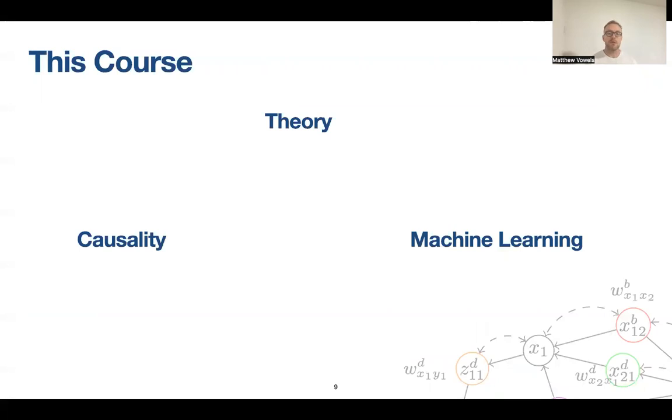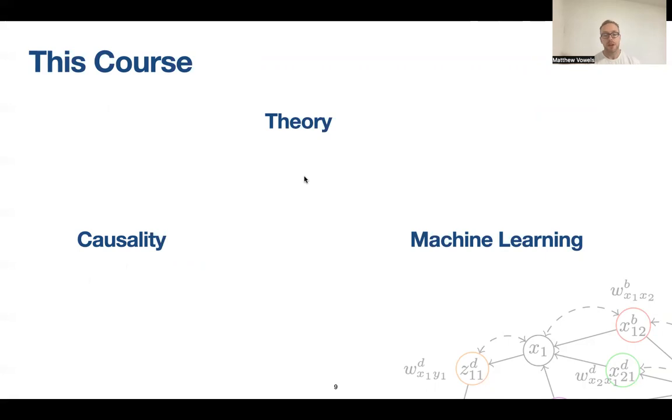So in this course, I'm really bringing together three things. One is causality, the other is theory, and the other thing is machine learning. And in my view, these are all really important to consider together. Machine learning, because it helps us avoid assumptions about linearity, restrictive assumptions on parametric form, which might be affecting our ability to do valid research. Causality, because it helps us avoid issues with incorrect assumptions about the structure and underlying data generating processes.